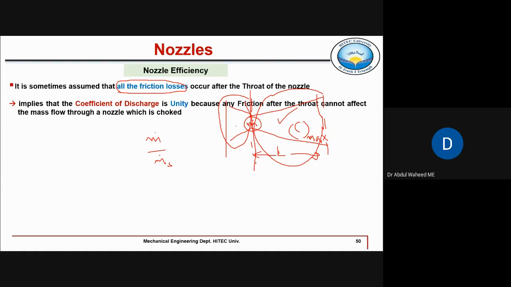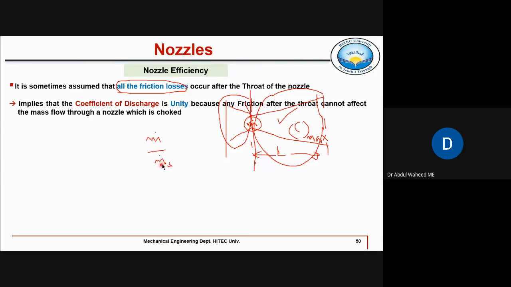Right? For flow from inlet to throat, we have already said that if we neglect the friction here, it means m dot will be maximum at the throat, and after that, this m dot will not change. After the throat, m dot will remain constant. So that's why this m dot will be maximum, which is m dot s.